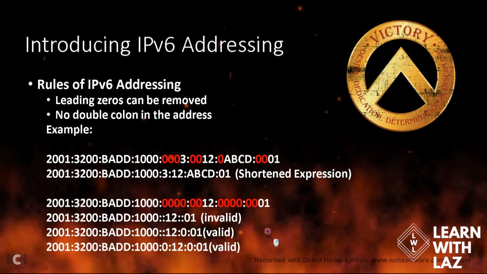But if we're networking just planet Earth, 340 undecillion addresses, I think that's good. I think we're good. Because we only have 7.17 billion people. Yeah, we're nowhere near 340 undecillion addresses. So that's an introduction to IPv6. I will see everybody in the next lecture.